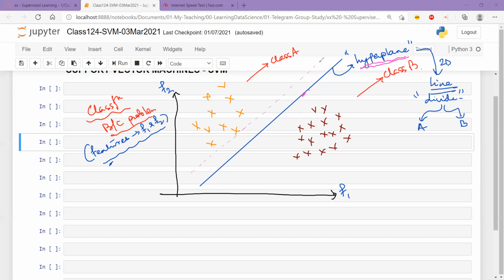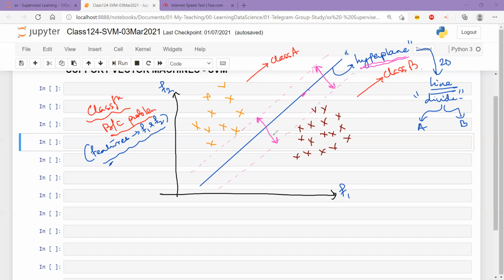So a plane is created by mathematically calculating an area which is known as the margin. This part over here is known as the margin.